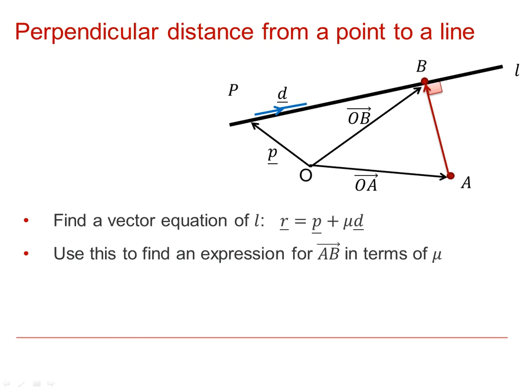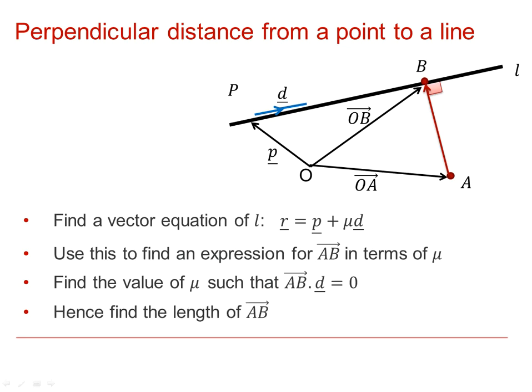Once we've got that expression, we know that AB is perpendicular to the line, so if we can find a value of mu such that AB dot product with the direction D is equal to 0, we know that we've got the correct point. So the dot product being 0 gives us perpendicular lines. Once we've found that value of mu, we can find the length of AB.